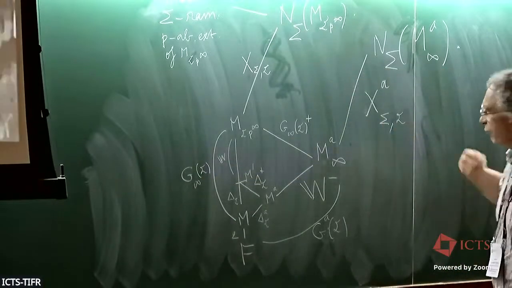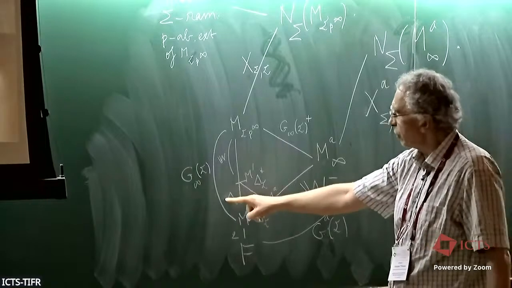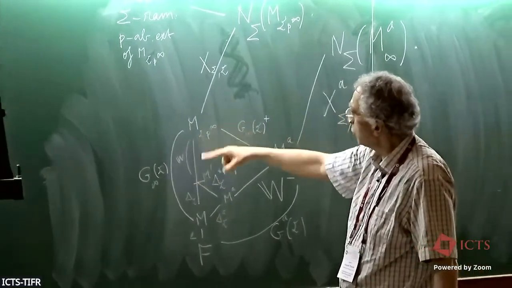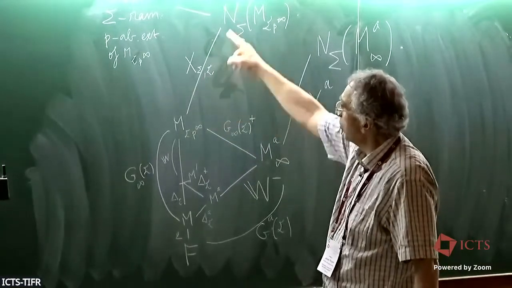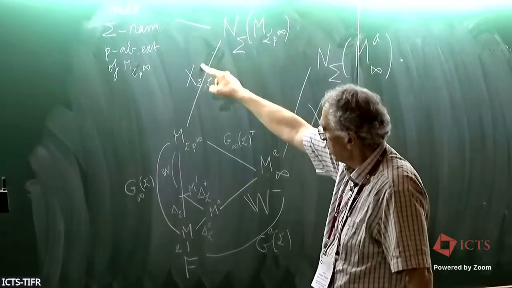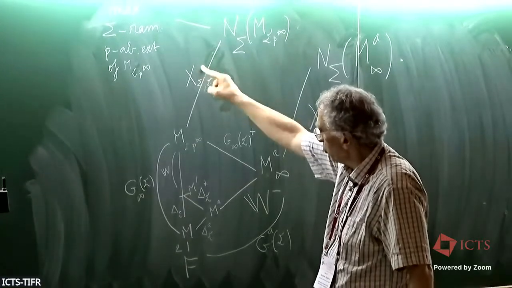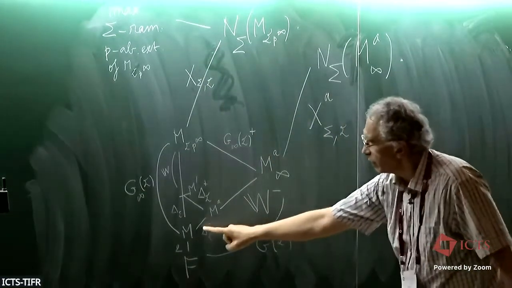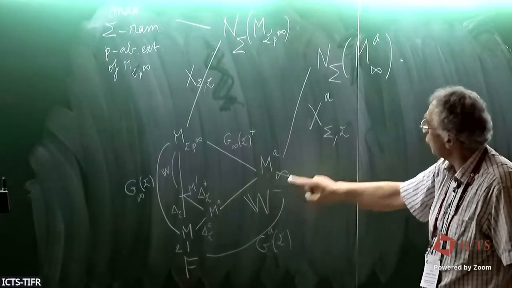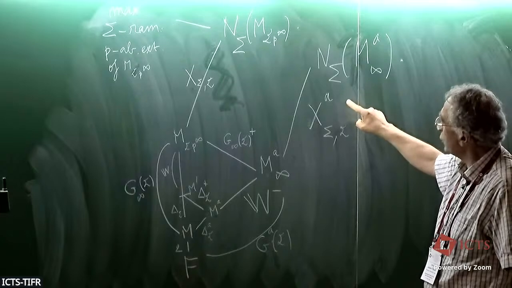And this one is a module over this thing. If we fix a character here, we have a structure of lambda module for the chi part of this module. Similarly, if we fix a character here, we have a structure of lambda minus module for the chi part of this module.